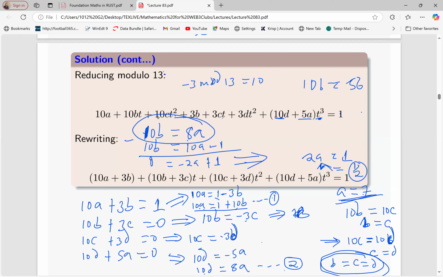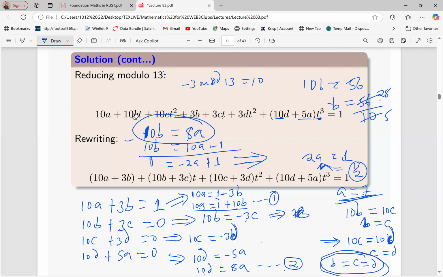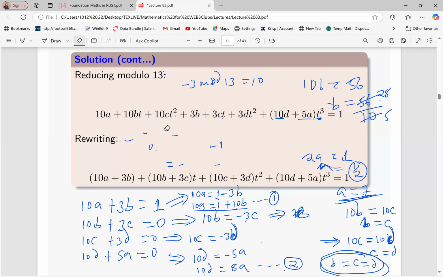So b will be 56 over 10. 2 goes here 28 times, and 2 goes here 5. So you get the inverse of 5 mod 13 and multiply by 28, then reduce mod 13. All these workings I've done; let me just show you, but I was explaining so you understand what we are doing. Once you do that, you can write the code, and the code will be doing all these steps for you to get the inverse.